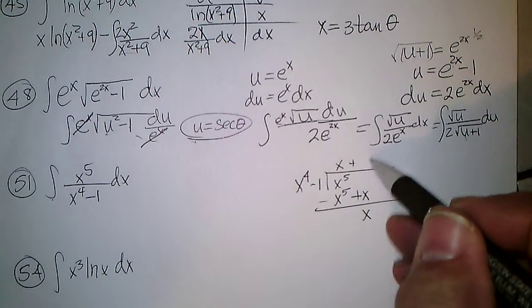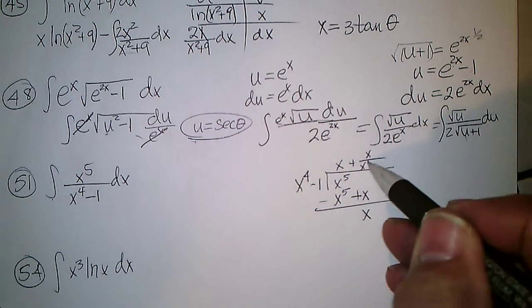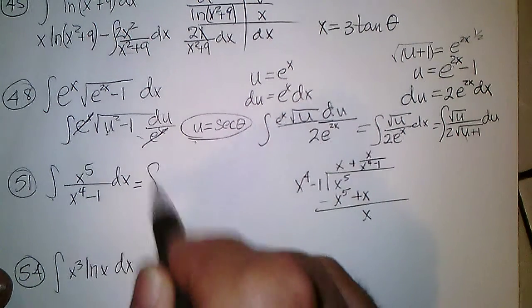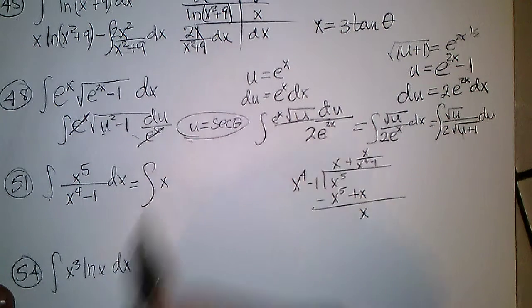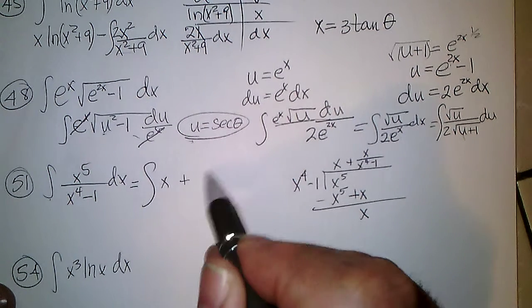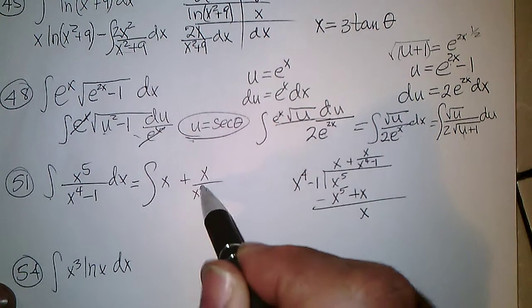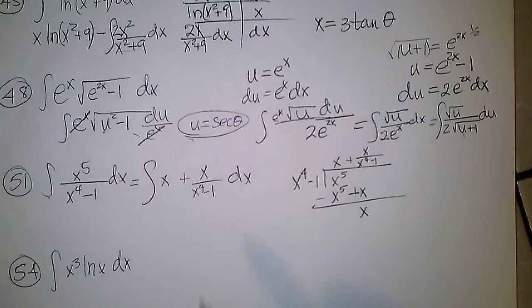So I'd have plus x over what I was dividing by, x to the 4th minus 1. So this would turn into the integral of x, easy one to do, plus x over x to the 4th minus 1 dx. This is easy to integrate.